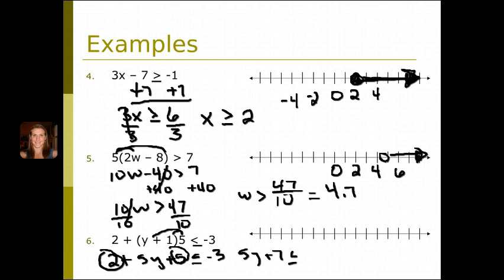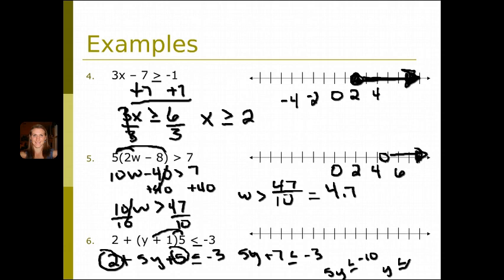If you subtract 7 from both sides, you would have 5y is less than or equal to negative 10. Divide both sides by 5 and you have that y is less than or equal to negative 2.